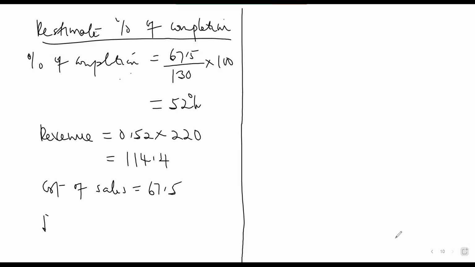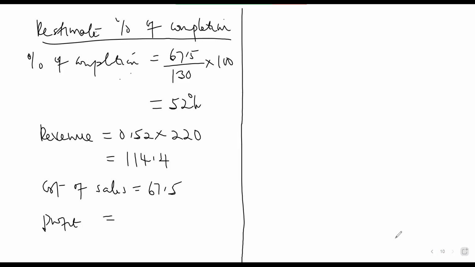What will now be our profit? 46.9. Yes. What it means is that the cost incurred to date has not changed.